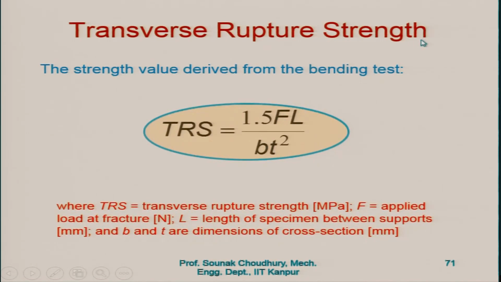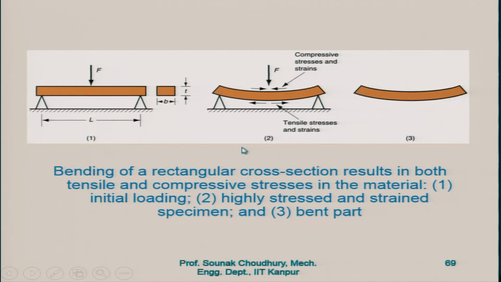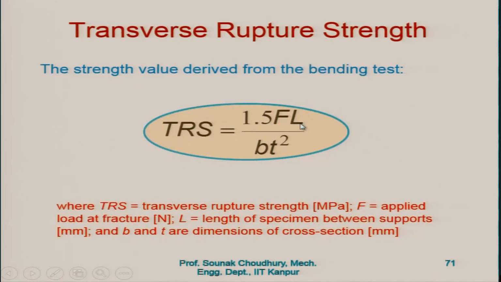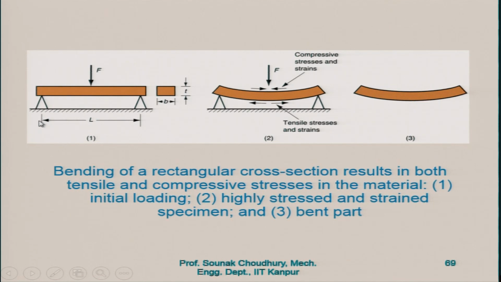Transverse rupture strength. The strength value derived from the bending test is called the transverse rupture strength. This is equal to 1.5 F L divided by B T squared. F is the applied load, and L is the length of the specimen, from here to here.